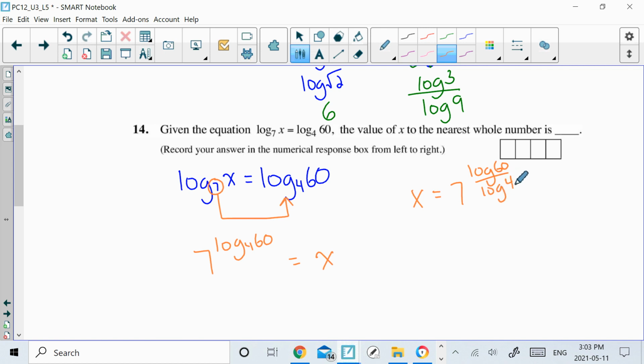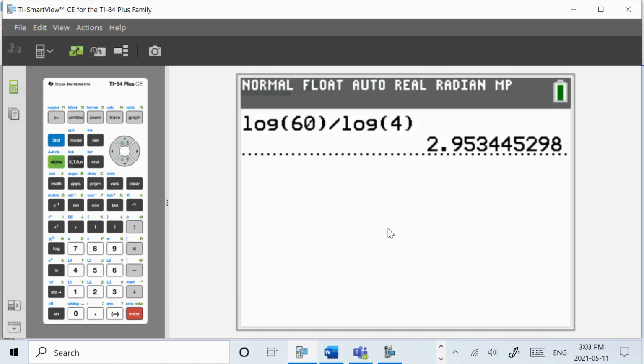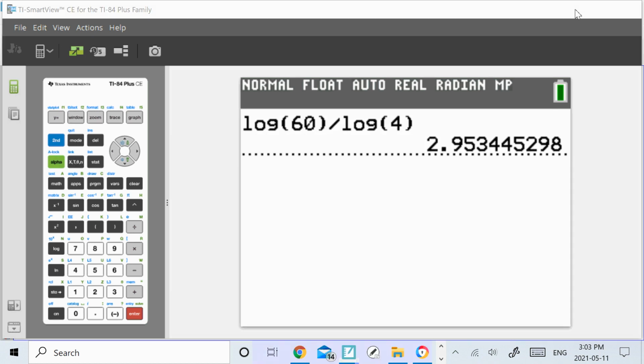Now, how I recommend doing this on your calculator is let's evaluate what the log of 60 divided by the log of 4 is. And then with that number stored in my calculator, I'm going to then type in 7 to that power. So if you take out your calculators, I think I should have entered this for us. So here's the log of 60 divided by log of 4, which is 2.953.